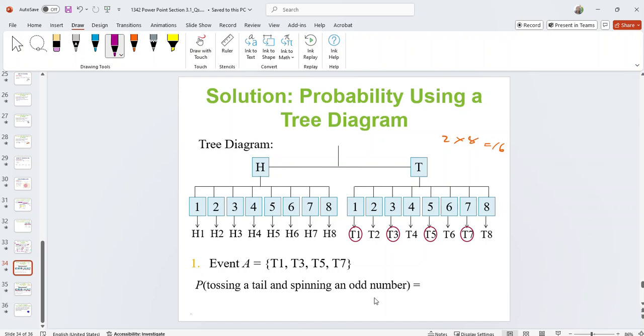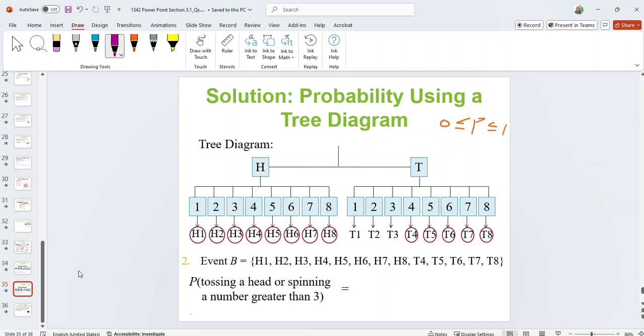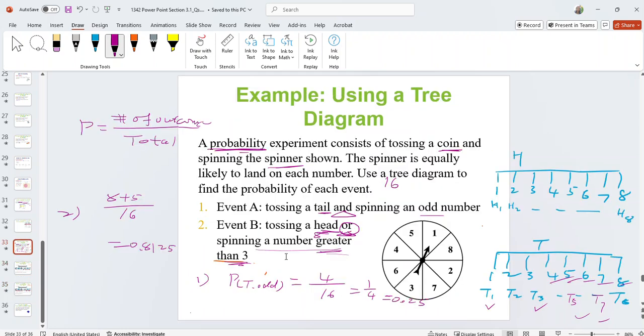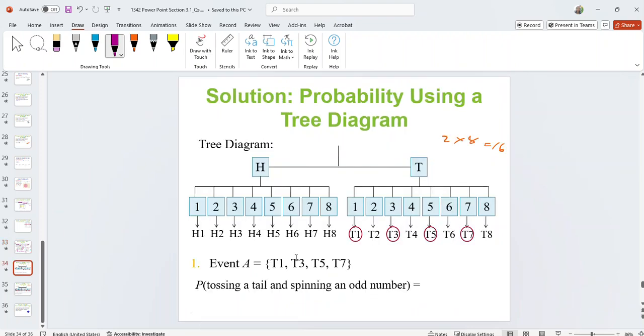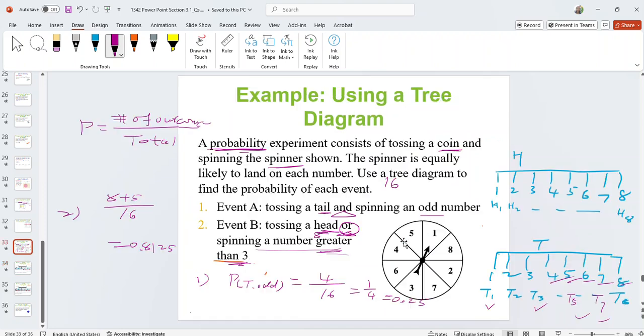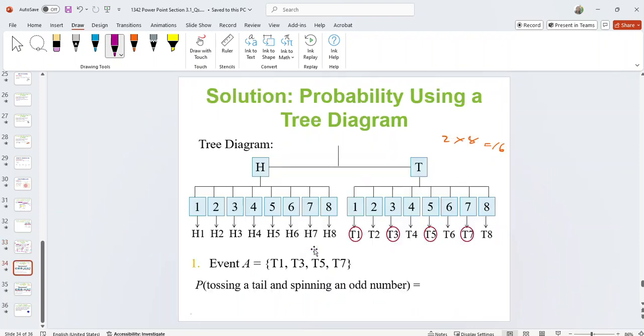And then the second one right here, you're gonna have an event. Event B is a head or something greater than 3, right? A head. So that means all these heads count, and anything greater than 3. That's greater than 3 right here.